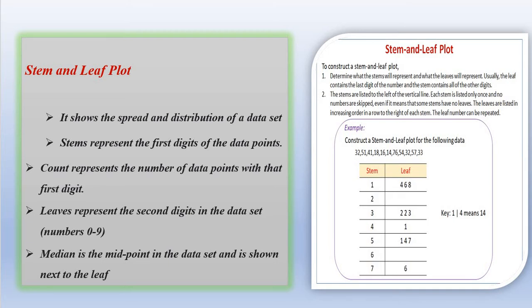Leaves represent the second digits in the data set, numbers from 0 to 9. The median is the midpoint in the data set and is shown next to the leaf. Here, the 4 is at the midpoint of the distribution, so the median value is 41.